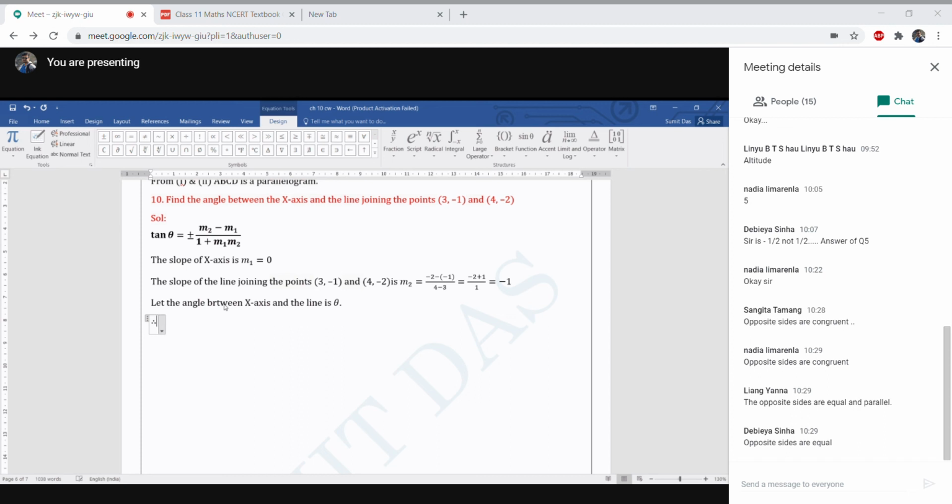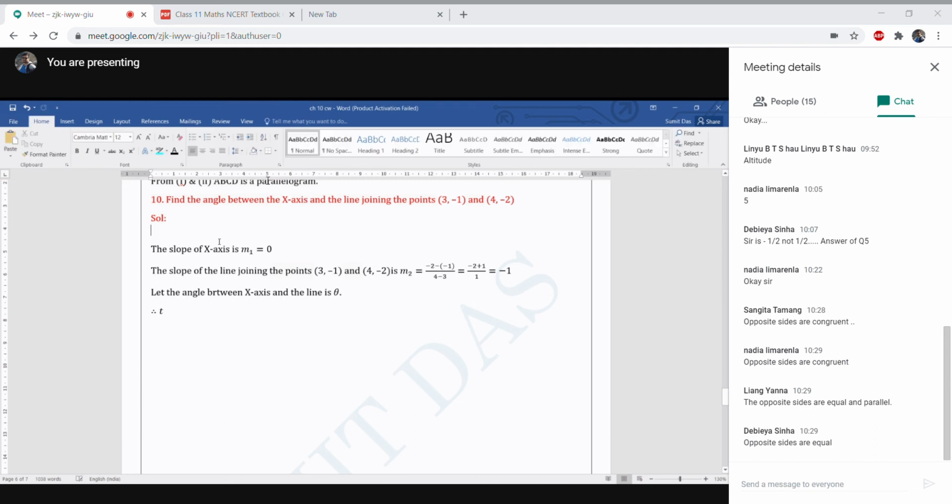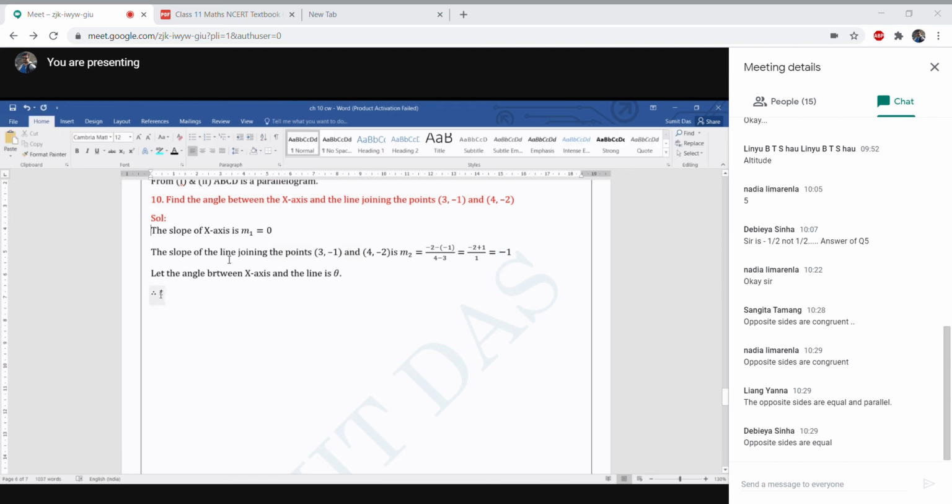Therefore tan theta, you can use this formula here: tan theta equal to this.